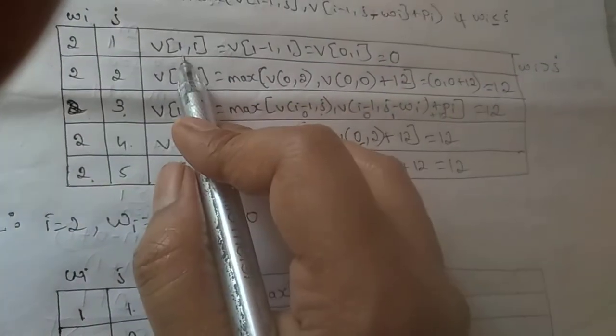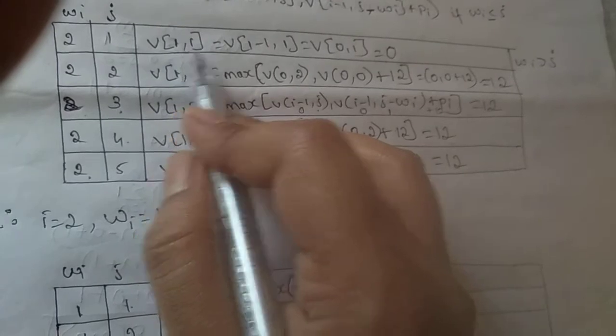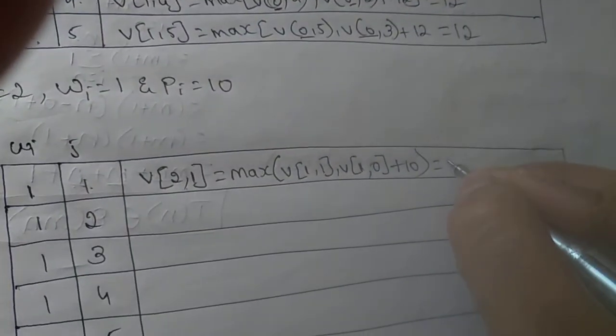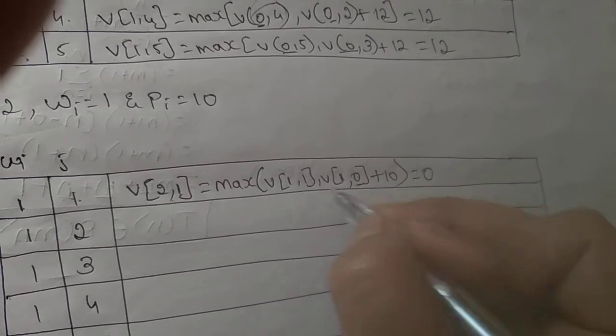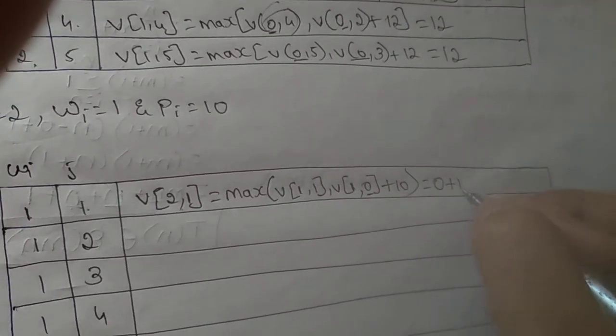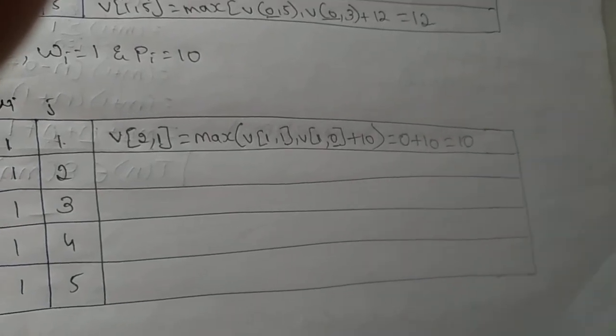What is the value of v of 1 comma 1? You have to take it from the previous table, that is 0. This entire thing will be 0 plus 10, which is 10. The value of this is 10.